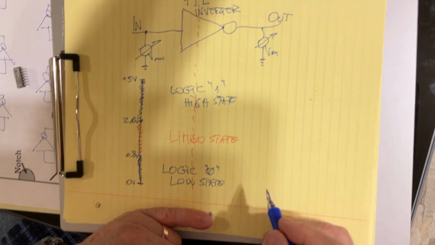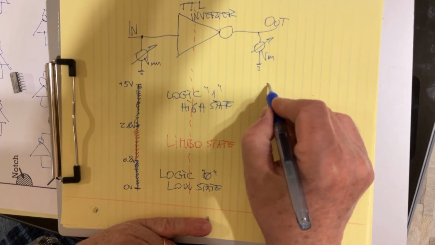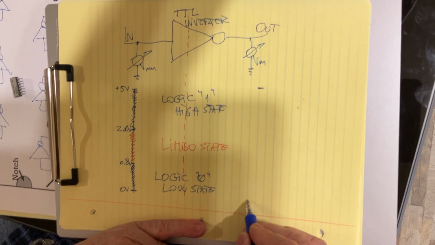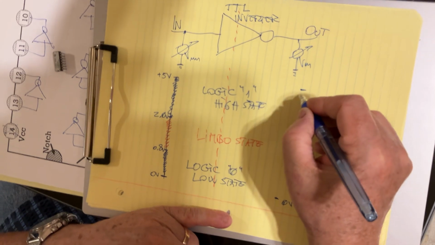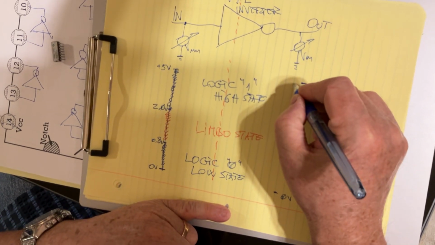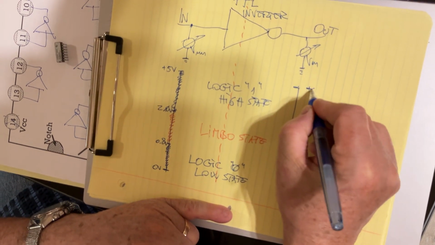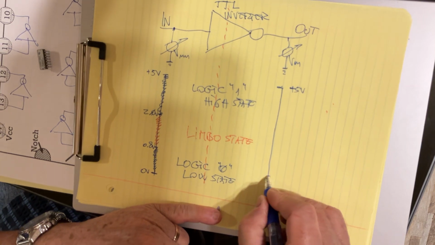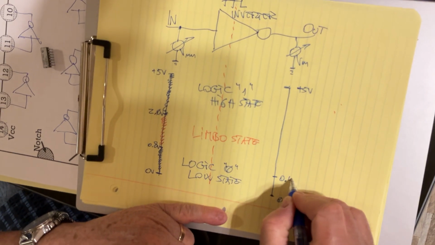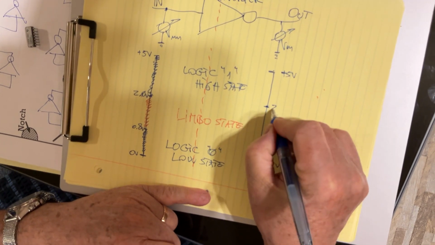Voltmeter. Okay? We're going to have the same range of values. 0 volt here, and plus 5 volt here. Somewhere here, you're going to find 0.4 volt. And somewhere here, you're going to find 2.4.